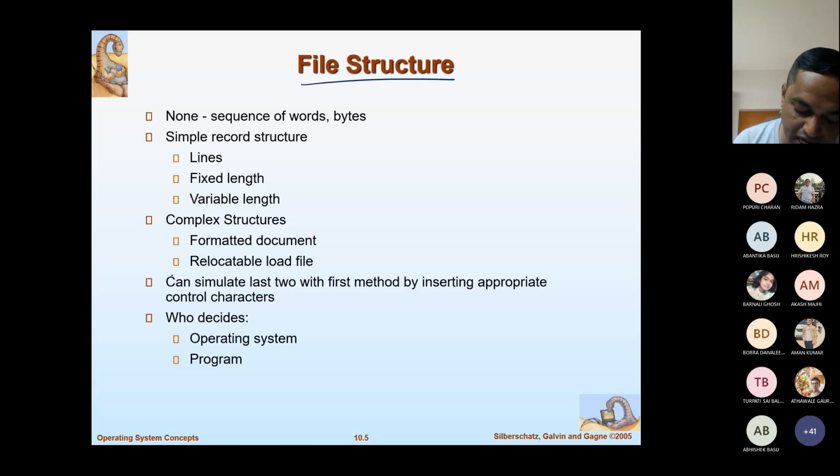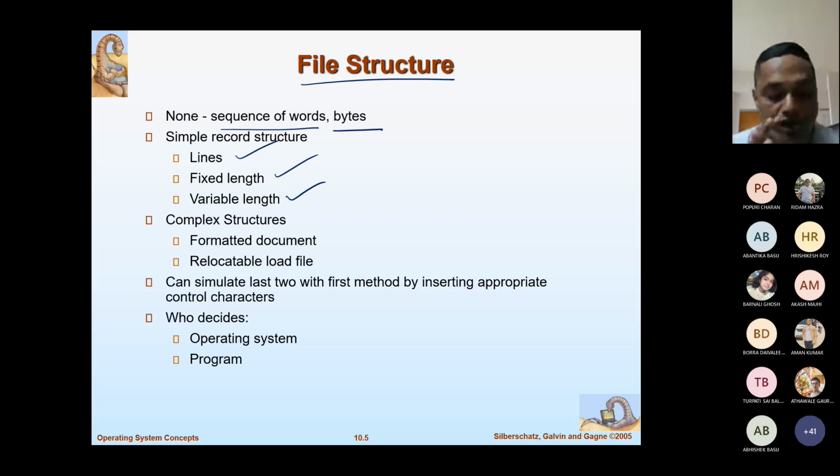The file structure can be a sequence of words and bytes. The simple record structure can be lines, some fixed length records, or variable length records. If you create a file, whatever language, whatever application you are using, it may be Notepad, it may be .doc, it is a collection of lines.